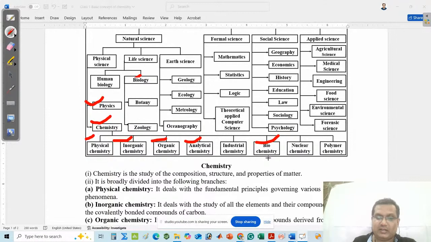Bio means Jiva, so biochemistry means Jiva Rasayana. Next is nuclear chemistry, simply called nuclear Rasayana. Next is polymer chemistry. It is simply called polymer rasayana.